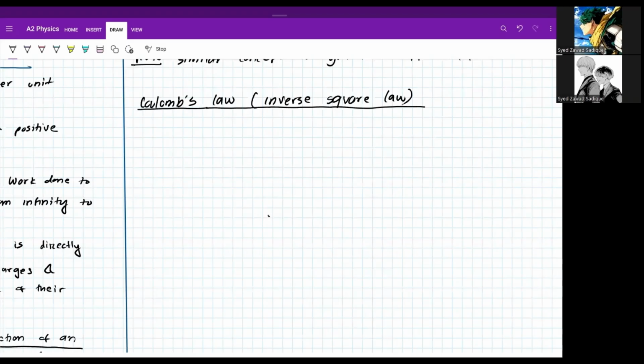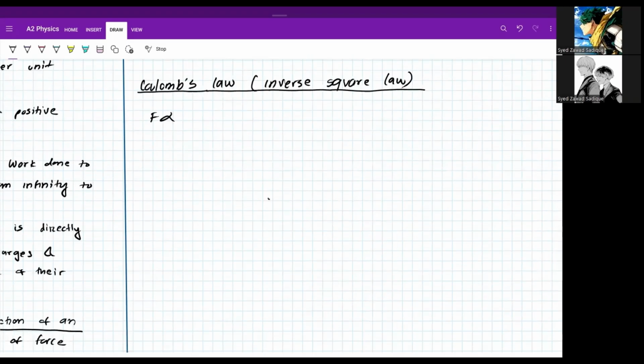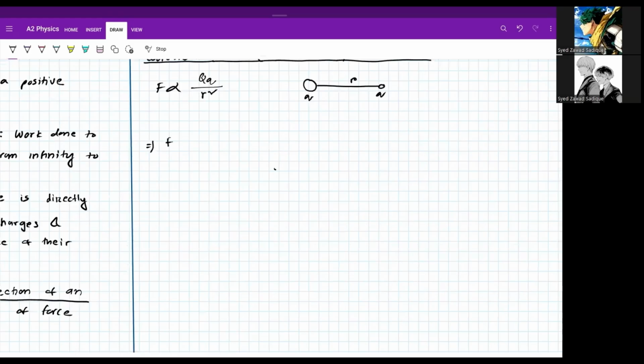Coulomb's law: force is proportional to the product of charges and inversely proportional to the square of their separation. Think of this as a charge, another charge, and the distance separating them. This is very similar to Newton's law of gravity, where force is proportional to the product of masses and inversely proportional to the square of their separation. If we open this formula, it becomes kQq by r squared.